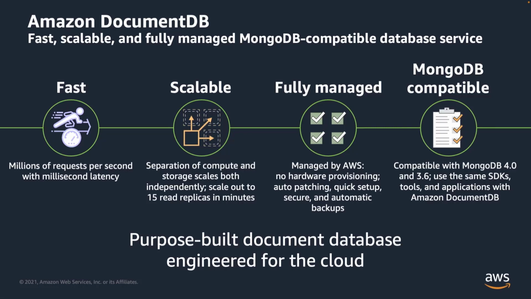It automates hardware provisioning, patching, upgrades, setup, and monitoring. Out of the box, DocumentDB gives you 11 nines of durability with automatic replication, continuous backups, and strict network isolation by being a VPC-only service.